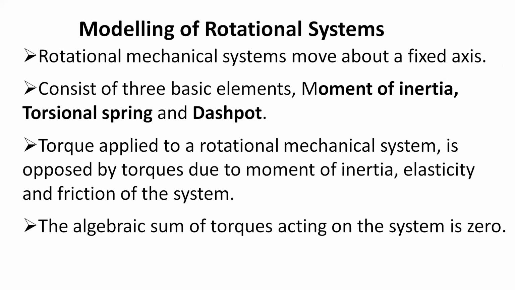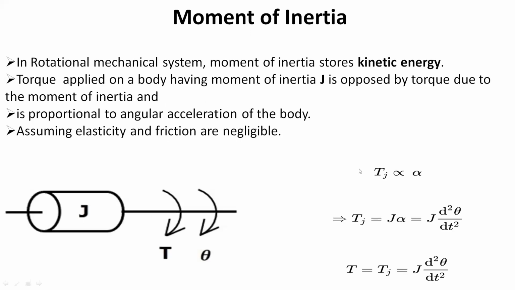If a torque is applied to a rotational mechanical system, then it is opposed by opposing torques due to moment of inertia, elasticity, and friction of the system. Since the applied torque and the opposing torques are in opposite directions, the algebraic sum of torques acting on the system is always zero. Now let's see these systems individually.